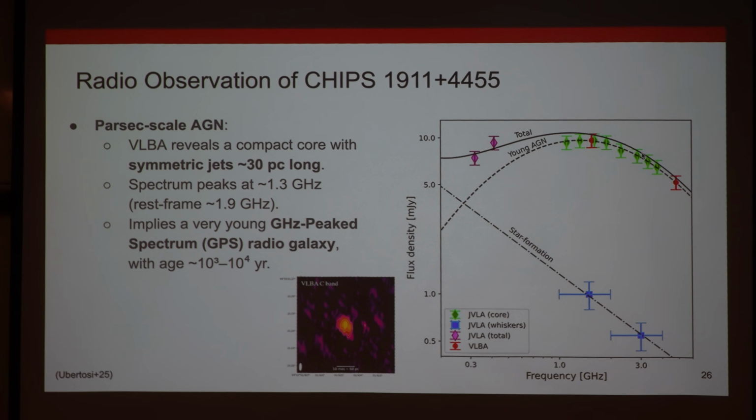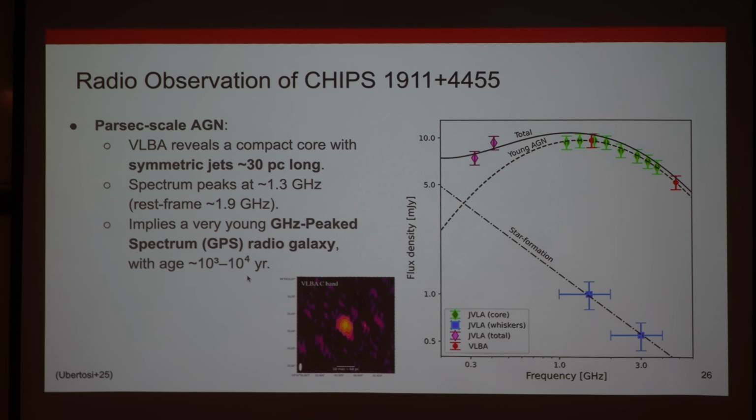Normal radio jet spectra just look like a power law, but if there is a turnover here, that means the jet is extremely young. How young? We call it a gigahertz peaked spectrum radio galaxy, where the age of the jet itself is just 1,000 years or 10,000 years.